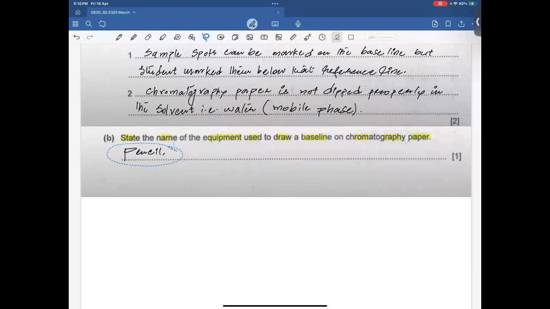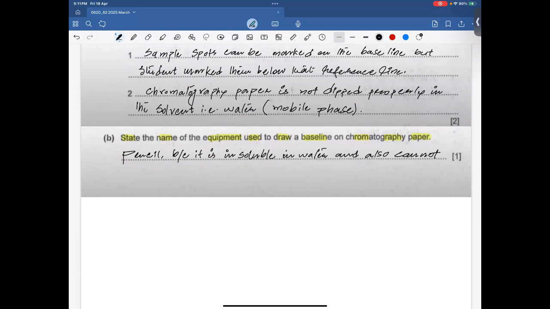Because it is insoluble in water and also cannot interfere with the sample spots. Okay.